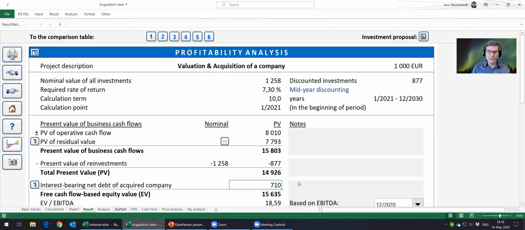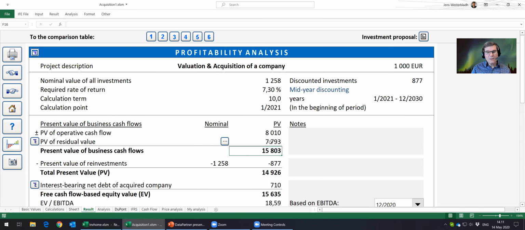We deduct the debt and add the liquid, the bank and cash, and then we get the free cash flow based equity value of the company, the value of the equity in the company. And we also have an indicator called equity value divided with EBITDA. But let's take one step backwards. I just wanted to give an overview, and then let's look at this in detail.